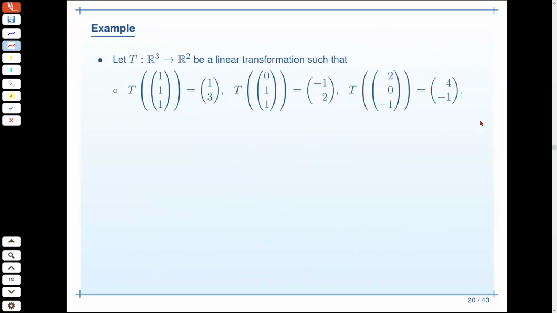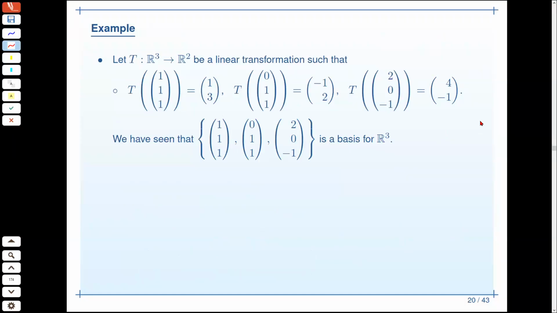Now come back to this question. T is given from R3 to R2. We already see that the given information is a basis. So we write P to be the matrix whose columns are the vectors in the basis, which is of course invertible, and B is the images: 1, 3, minus 1, 2, 4, minus 1, everything read as columns.